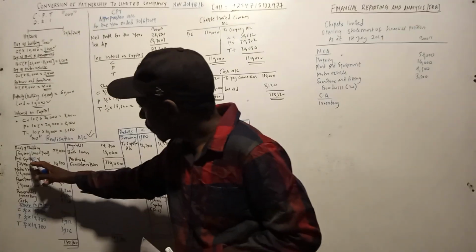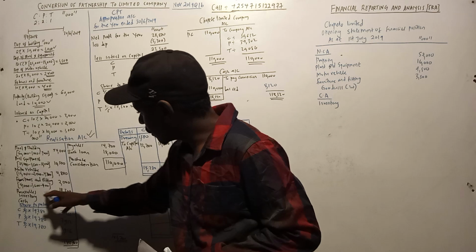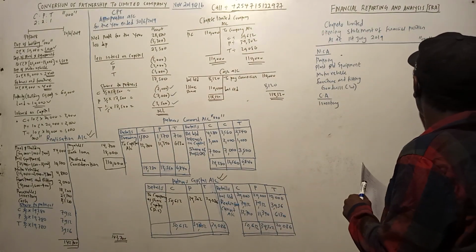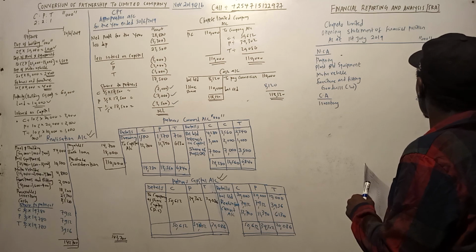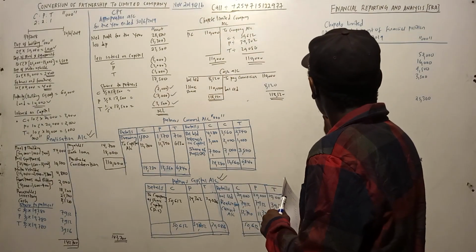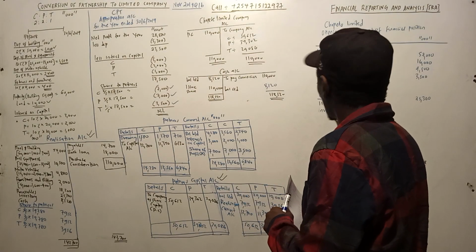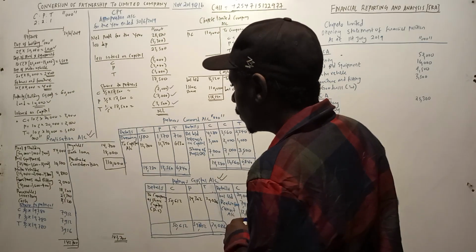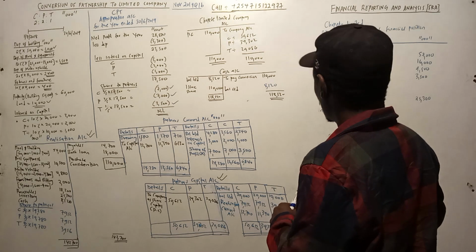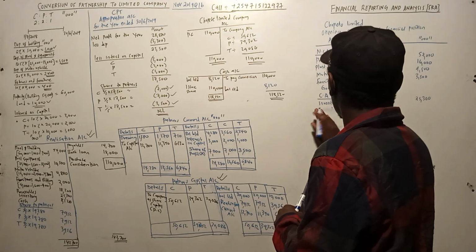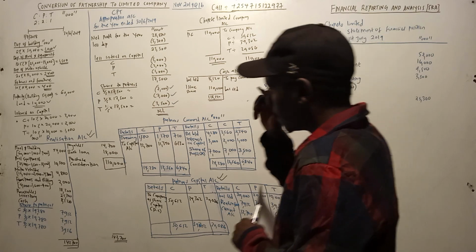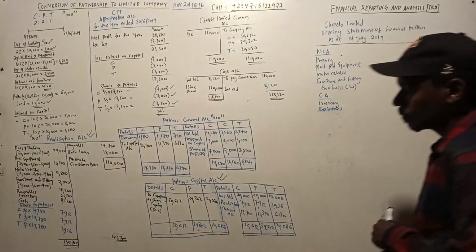How much was inventory? 25,300. Receivables is 18,200.